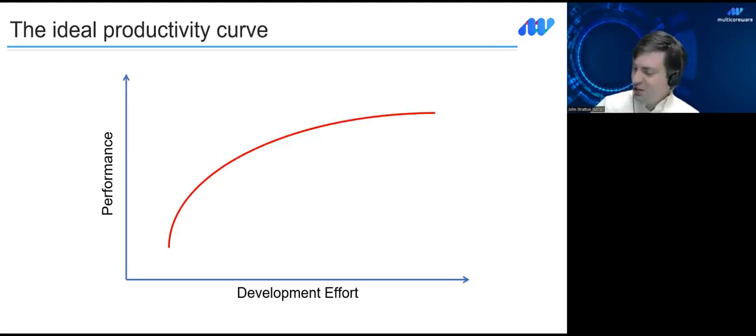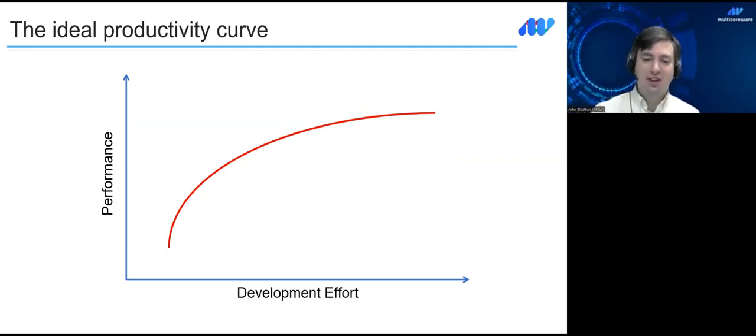So I want to introduce, as a starting point, this idea of the ideal productivity curve. The ideal productivity curve is just a relationship between how much development effort you are expending, and this could be an individual if you're looking at it on a single individual scale, or it could be a team.